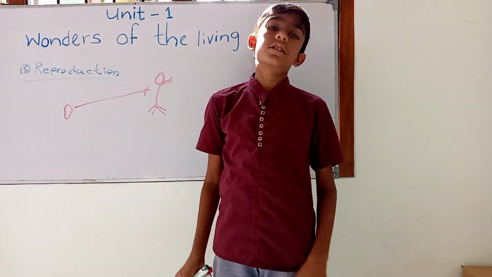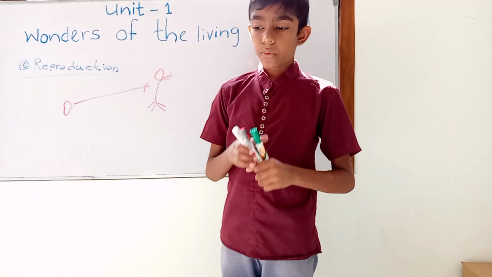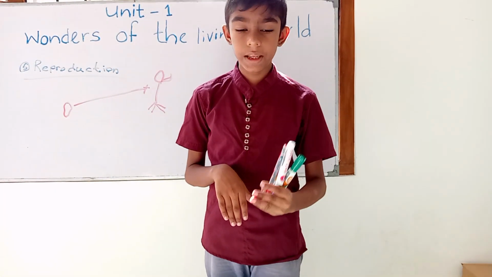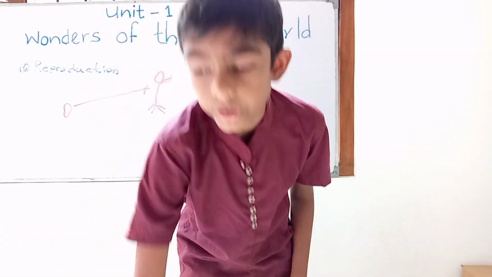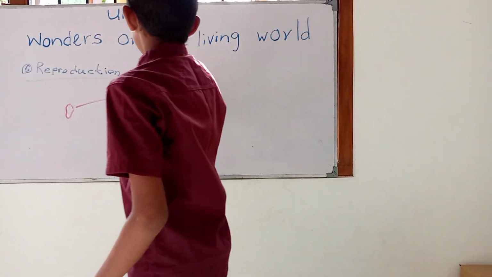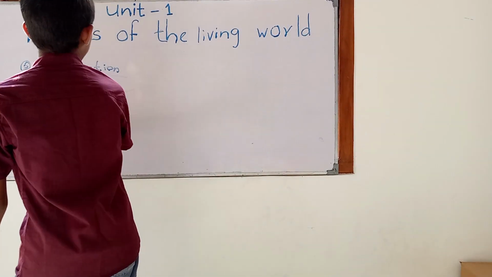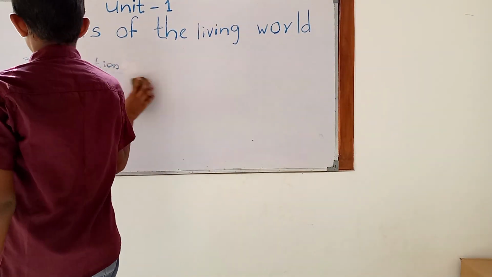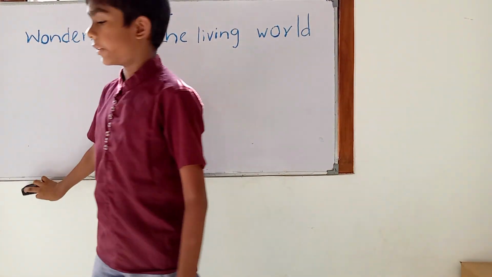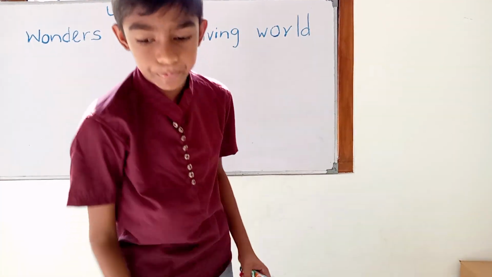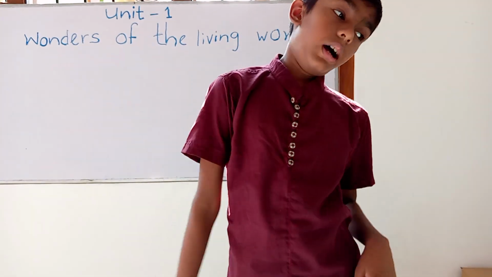Reproduction is essential for the existence of living organisms. From that we conclude the 5 main characteristics of organisms.